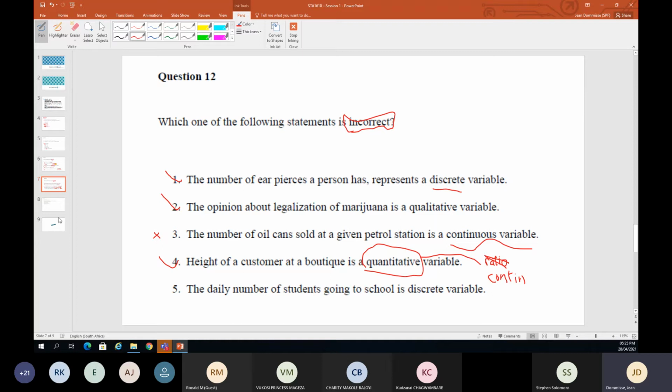If you look at something else, something like temperature can be both continuous and ratio. So depending on the type of question that they're asking, it can be both. Kilometers driven is continuous.